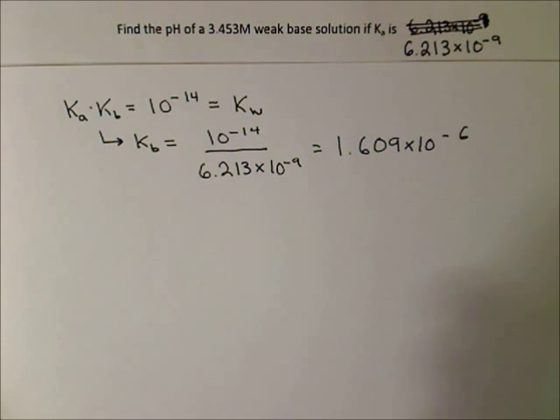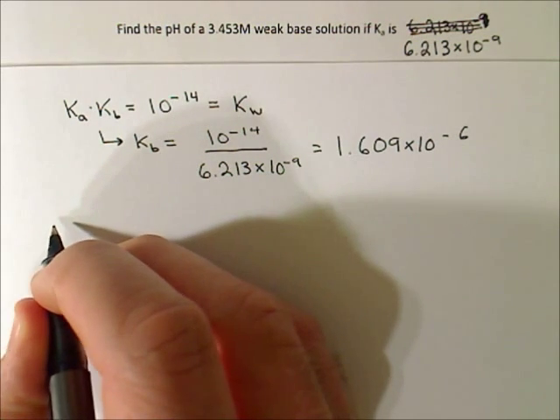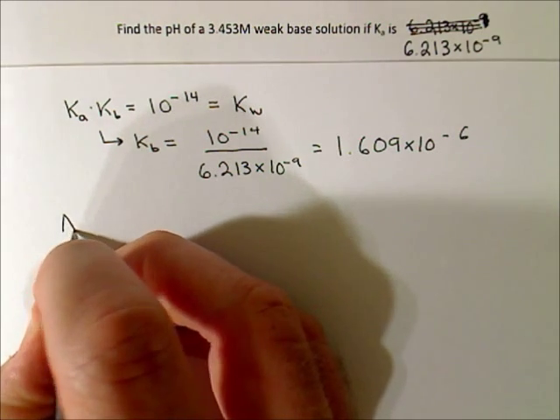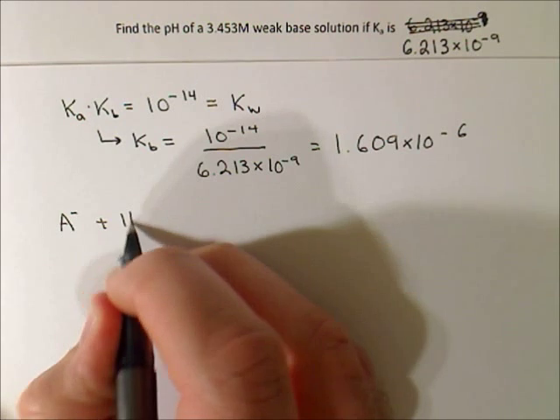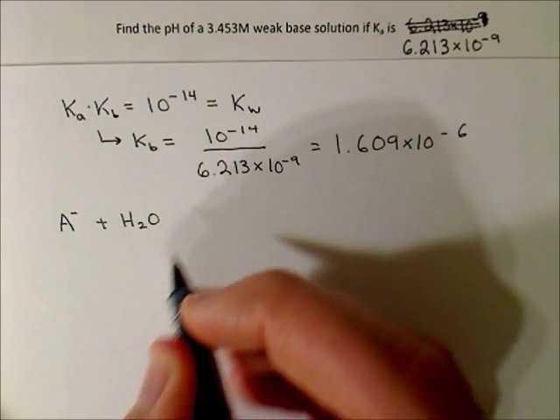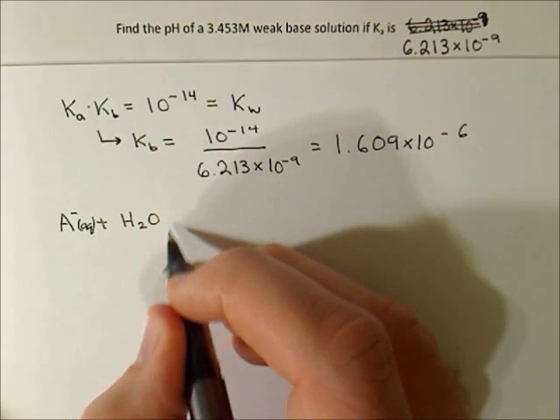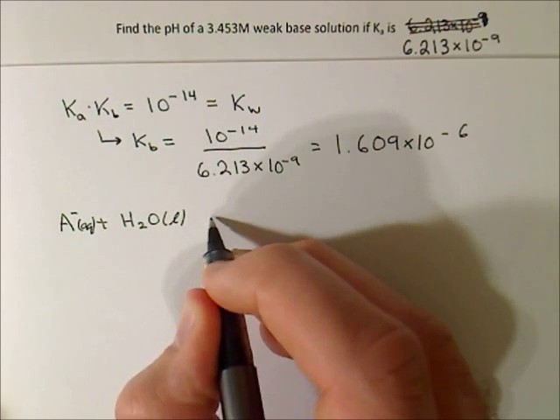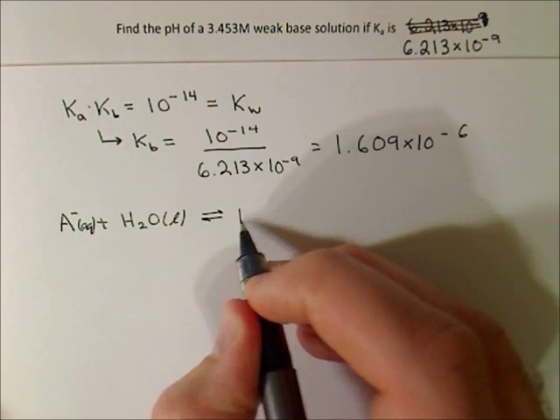So now let's write out the equation for the dissociation of this base. So since we don't know what the base is, we're just going to call it A minus. Use the equilibrium arrows.